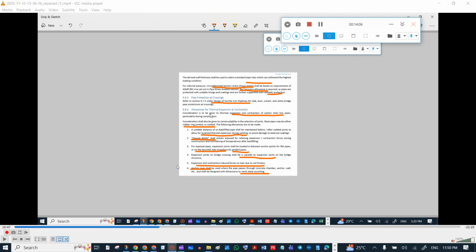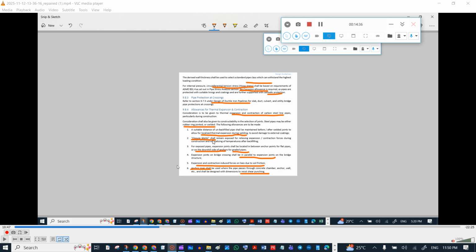Now, this tolerance for thermal expansion we discussed is for localized thermal expansion during welding. For that we require a suitable distance of unbackfilled pipe to be maintained before and after welding joints to allow for localized thermal contraction during welding.